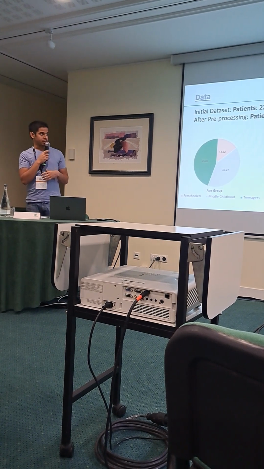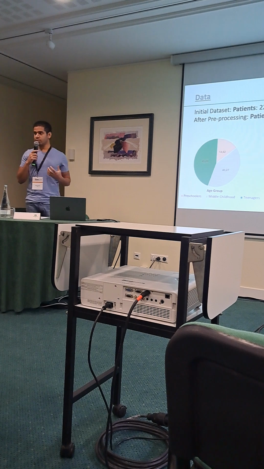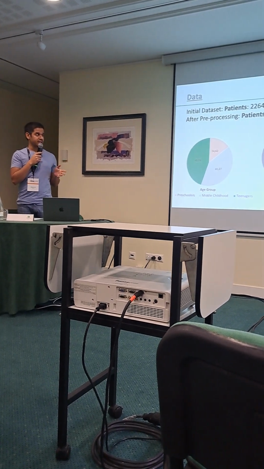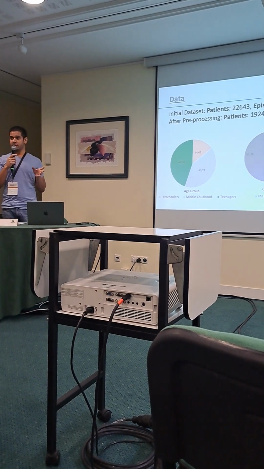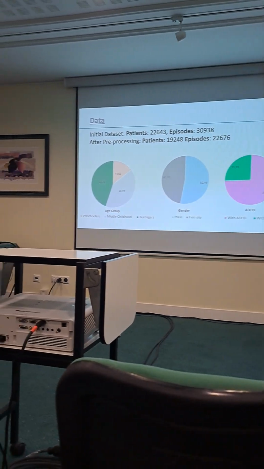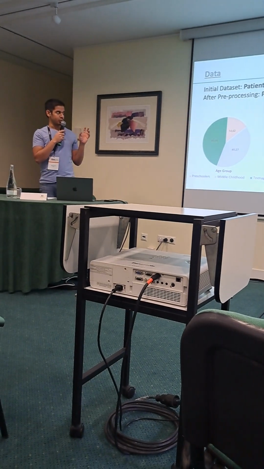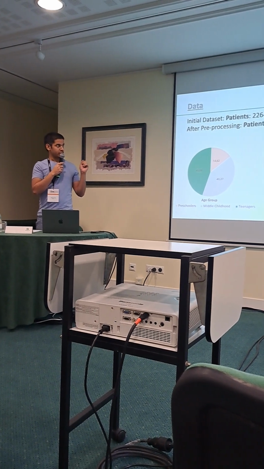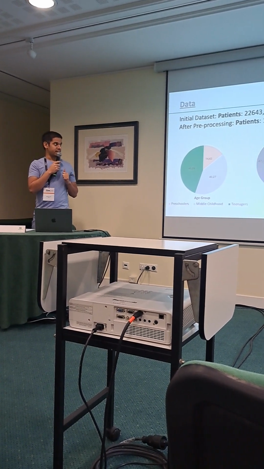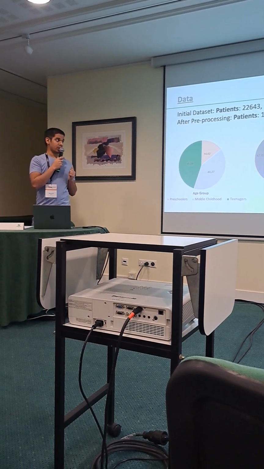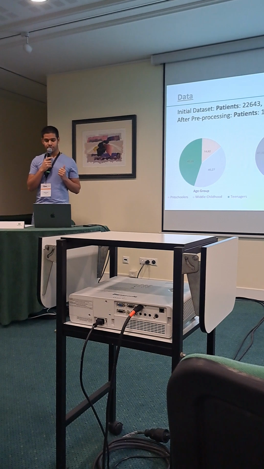So as I said before, we had 35 years of data. Initially the data had around 22,000 patients with 30,938 episodes. So that was our initial data model. Then we further dug into it and extracted those patients with all the information that we wanted. After pre-processing, it has 19,248 patients with around 22,676 episodes.